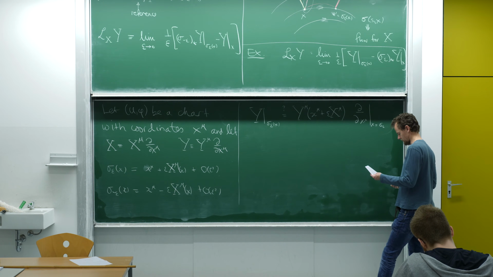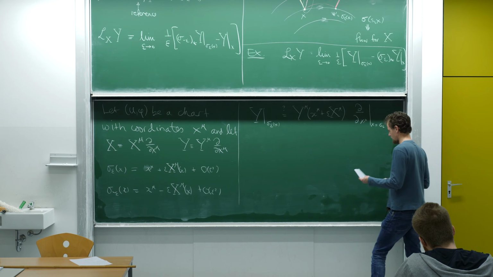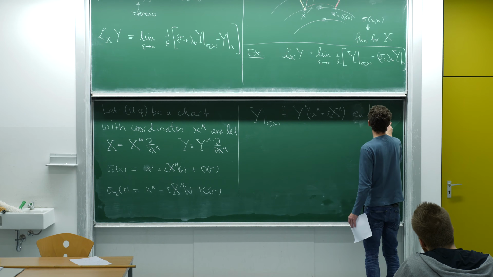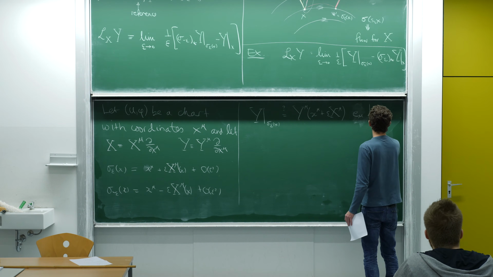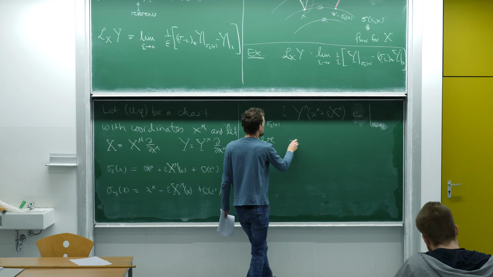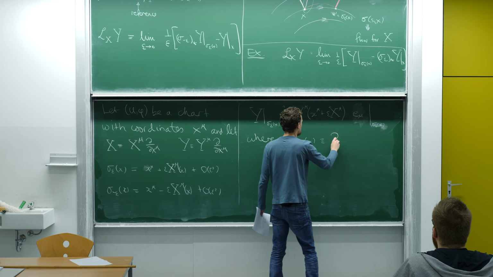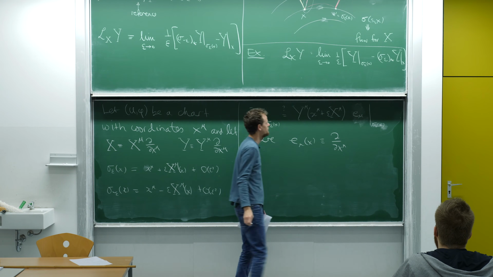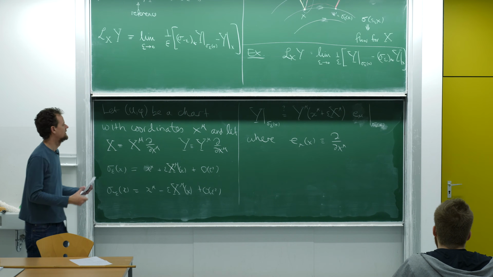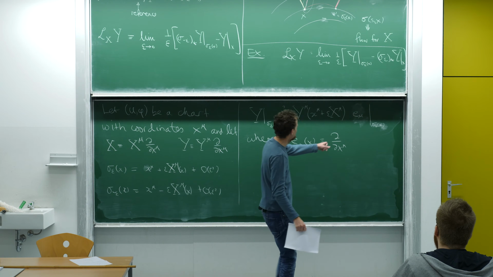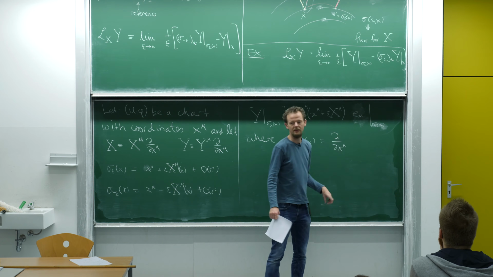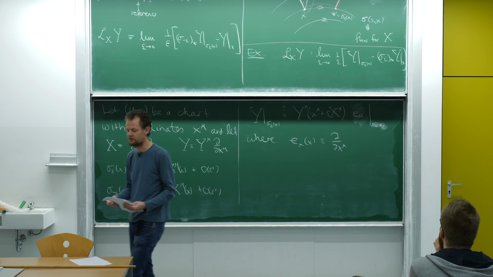So my solution notationally was to do this. There's something really awkward about writing d dx mu at the point sigma epsilon of x. So we're going to use this notation to avoid doing that.